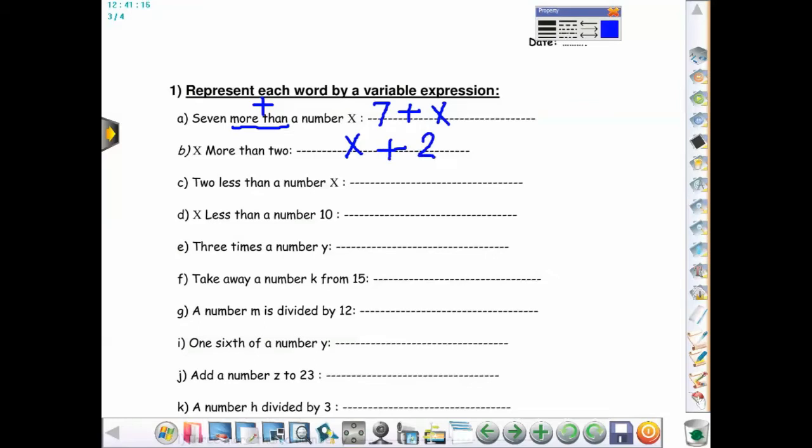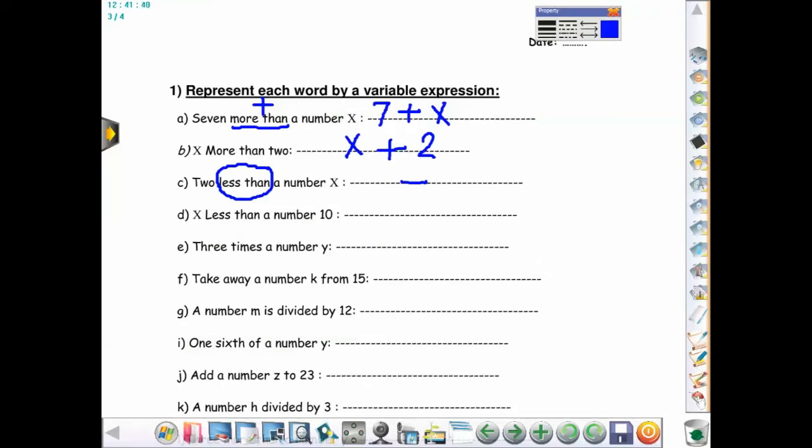Very easy. Here in letter C, we have 2 less than a number x. I said before, if we find the word less than, it means minus or subtract. But how can I solve this mathematical expression?